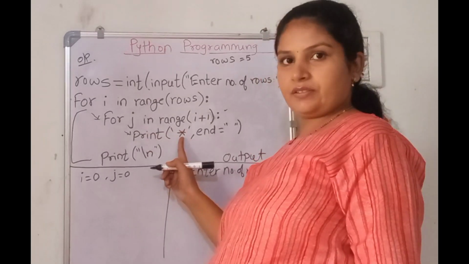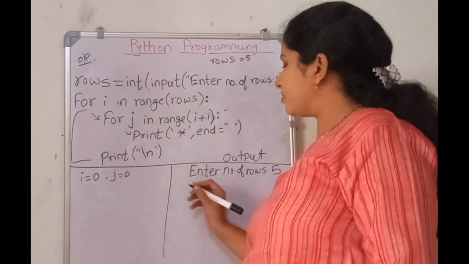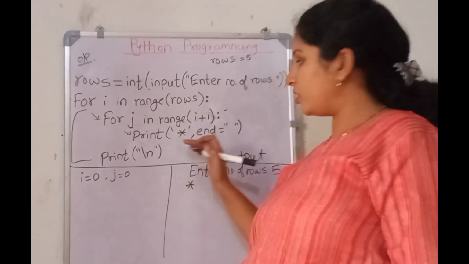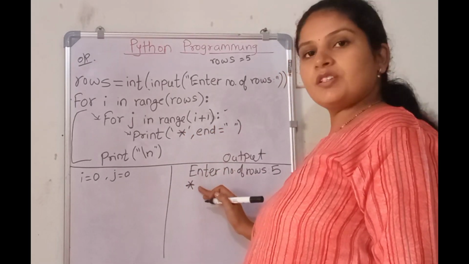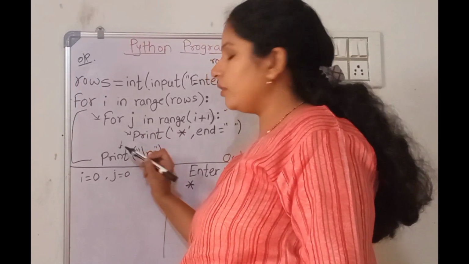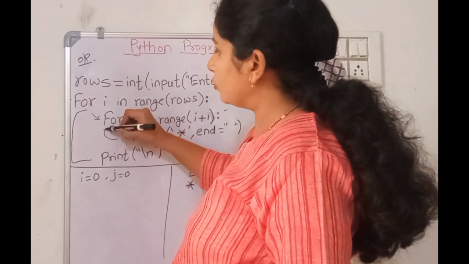Print asterisk, so when this condition is true, print asterisk one time. Here we have print asterisk, end will be space, it's okay. Now the pointer will go to the for loop.